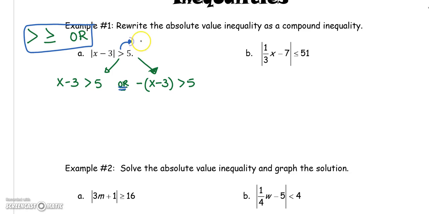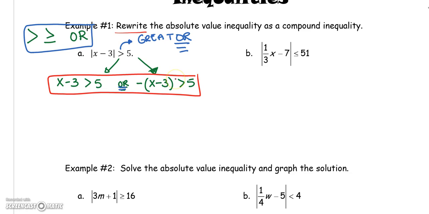So one way to remember it is greater. You can hear the OR at the end almost if you say it with a quick accent. Once we have the problems, you can go ahead and solve each one. But in this case, since it doesn't say to solve, just says to rewrite, we are actually done once we write our absolute value inequalities as a compound inequality. The OR must be there for it to be a compound.